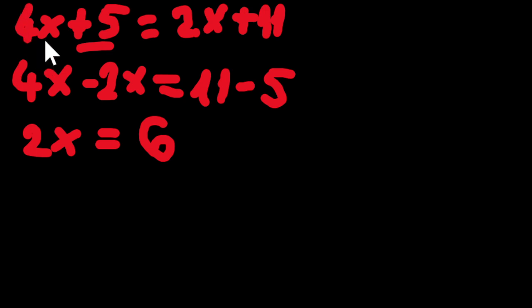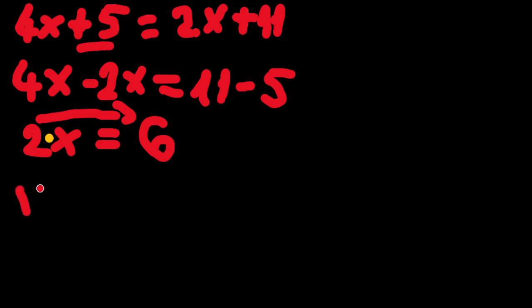Now, like I mentioned before, we don't have just an x, we don't have just the 2x. There is a multiply, 2 multiplied by x. So we bring 2 to number 6 on the other side of the equal.